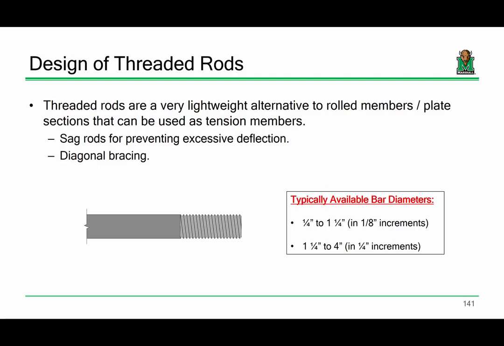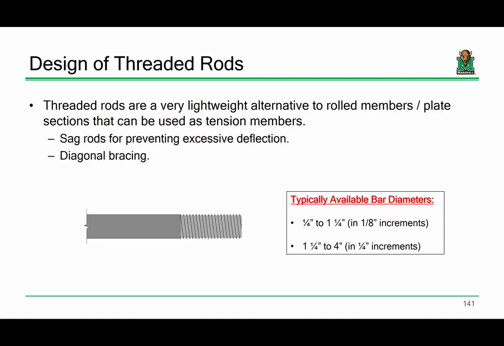Now, in terms of available bar diameters, if you solve for a threaded rod bar diameter and you get 0.72368, you're not going to use a 0.72368 diameter rod. You're going to use the next commonly available diameter. Typically, threaded rods are available from 1/4 inch to 1 1/4 inch in 1/8 inch increments.